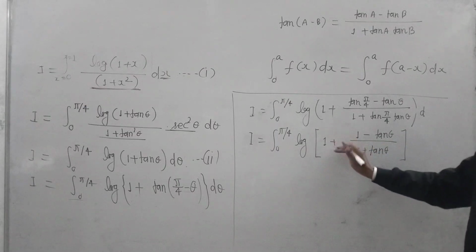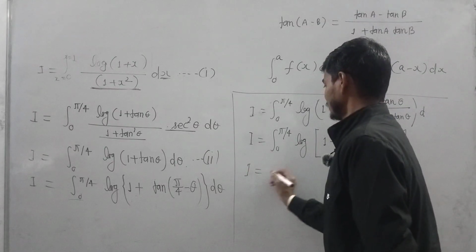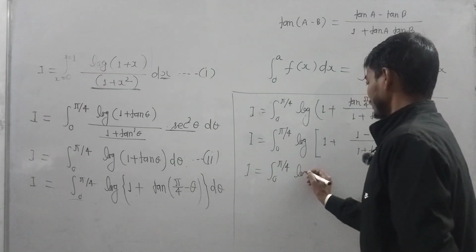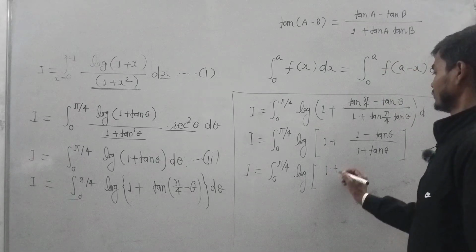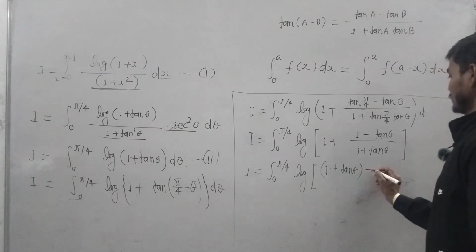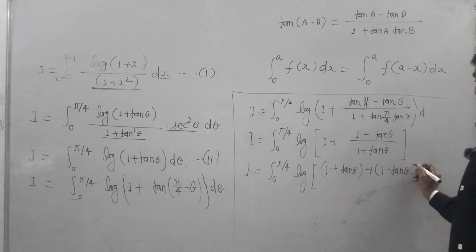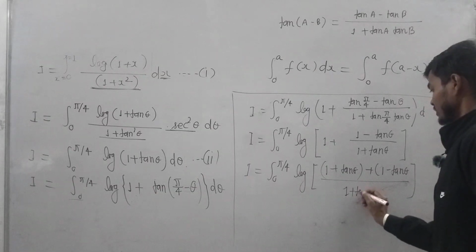On cross multiplying this and this, we get 0 to pi by 4 log of 1 plus tan theta plus 1 minus tan theta upon 1 plus tan theta.